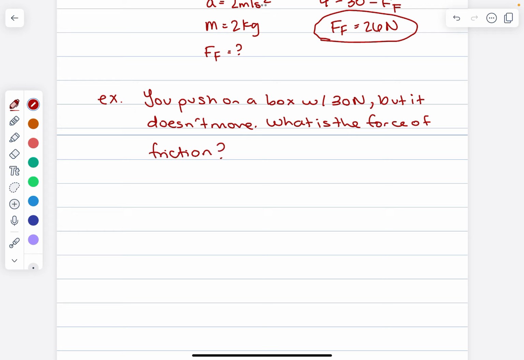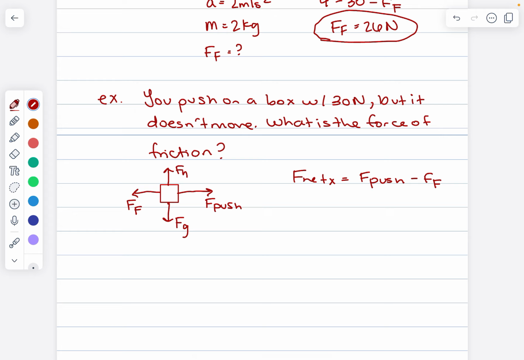So I'm again going to draw a free body diagram. It's the same as the one before: FG, FN, force of push, and force of friction. So my F net equation in the X direction is still force of push minus force of friction.